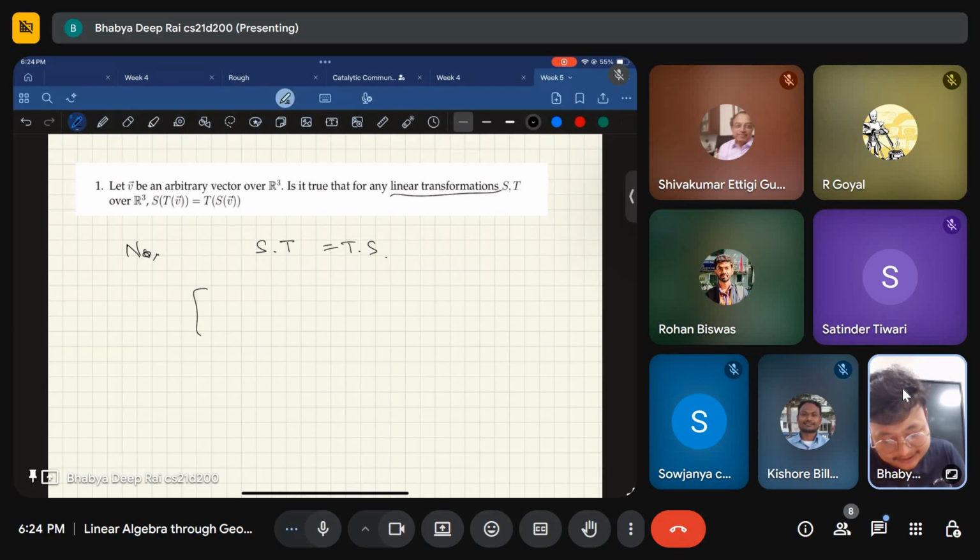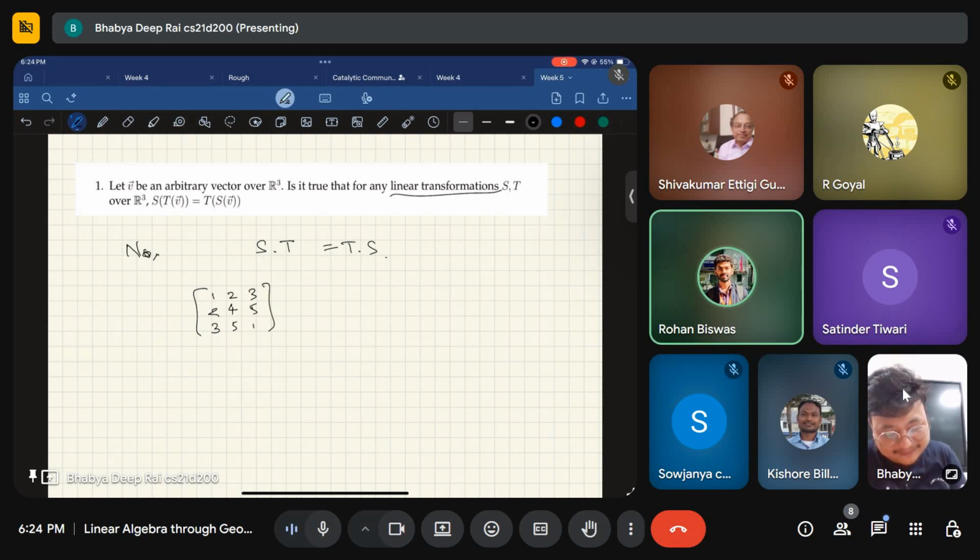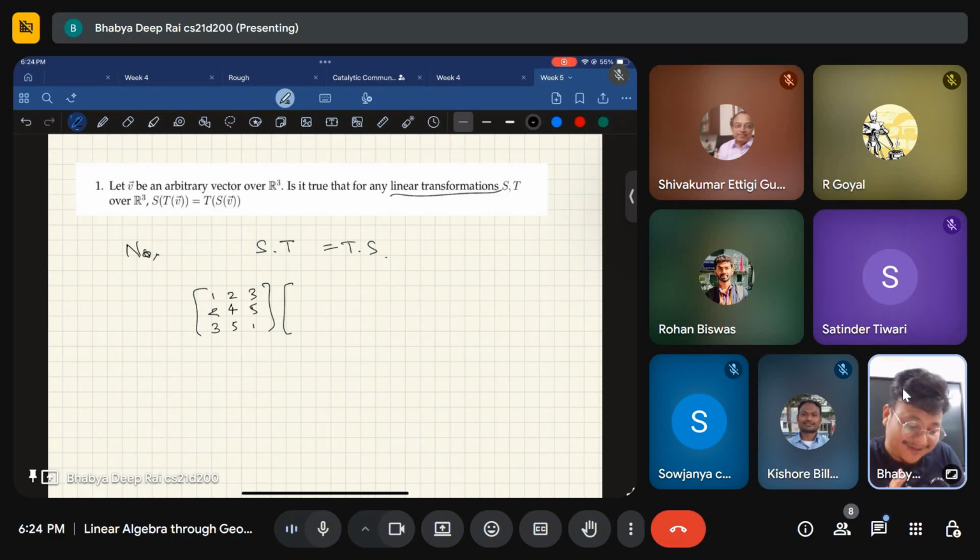Okay. The simplest would be something like 1, 2, 3, 2, 4, 5, and here should be 5, and this is, say, 1. This is symmetric, right? Yeah. Okay, this is not so simple. Maybe we'll do a simpler one next.